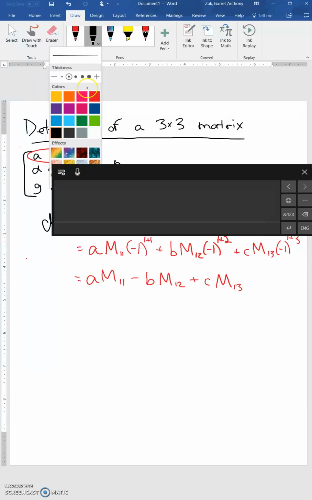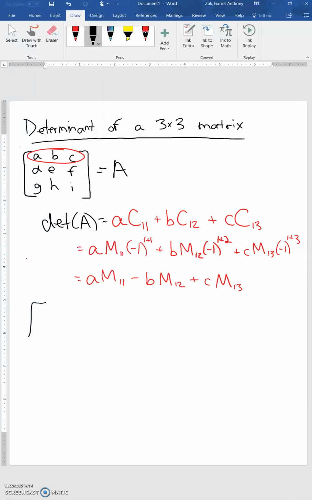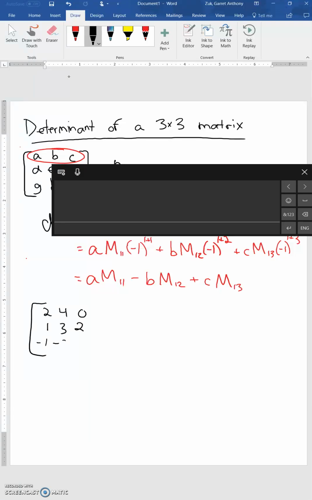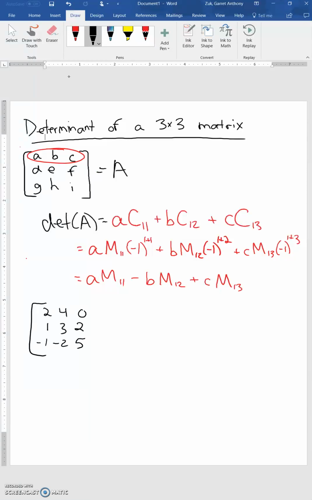So let's look at an example now. Let's say we've got this matrix: 2, 4, 0, 1, 3, 2, -1, -2, 5. I'm going to call this matrix B, and I want to know what is the determinant of B. Again, we can pick any row or column to do this cofactor expansion.